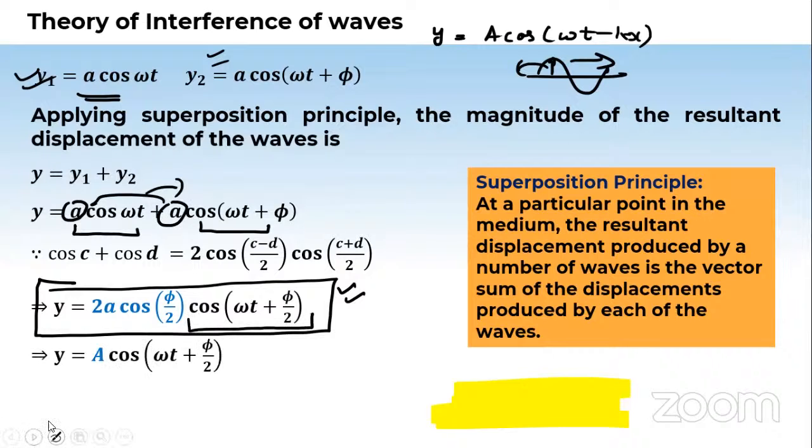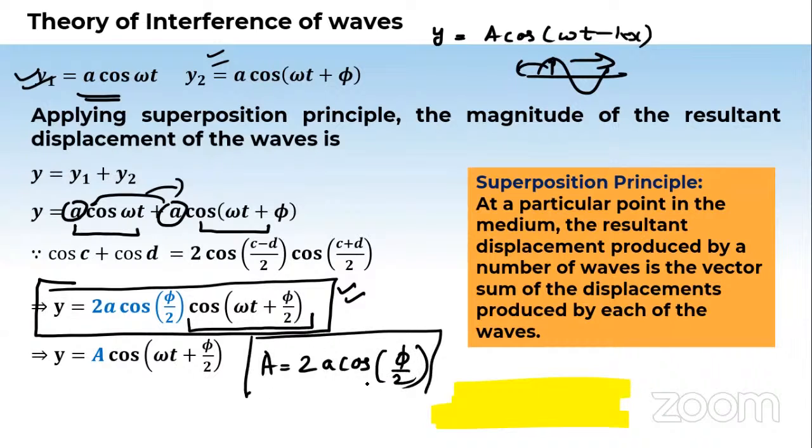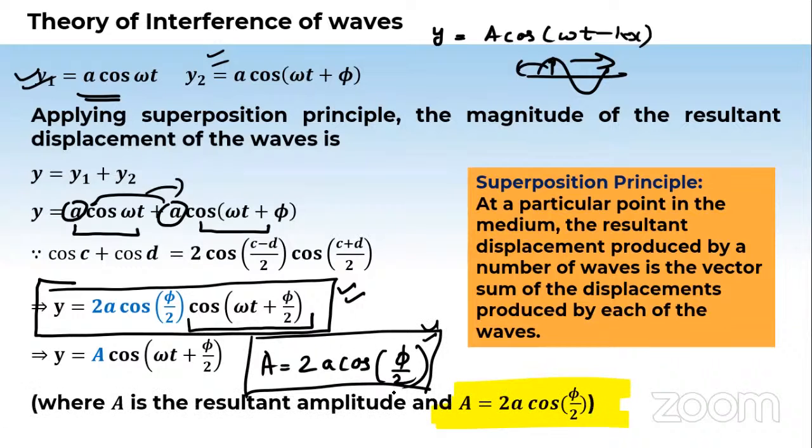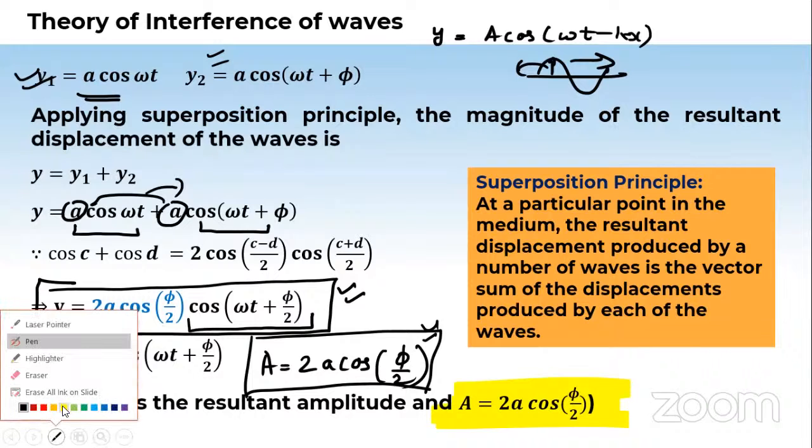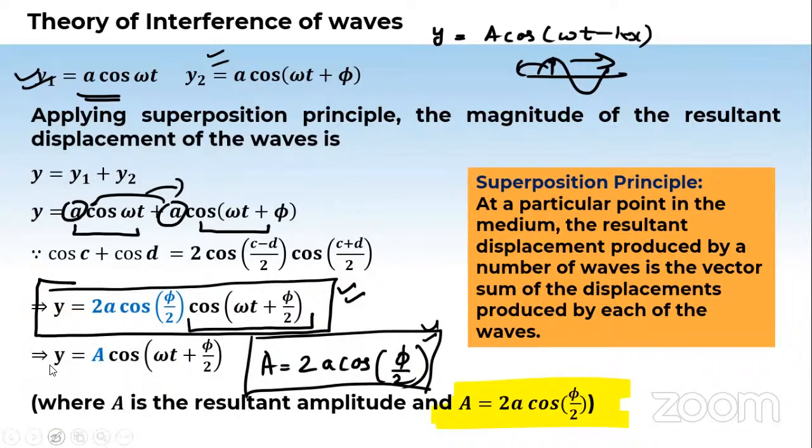So here if you see, this capital A amplitude is equal to 2a cos(phi by 2), where capital A is known as the resultant amplitude. Okay.